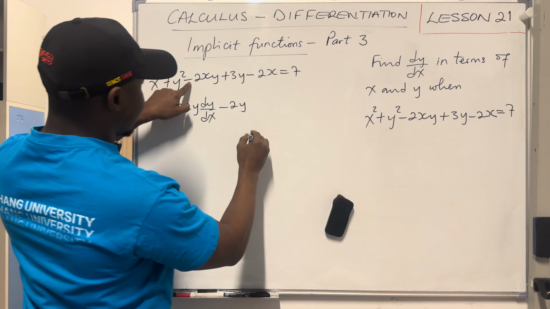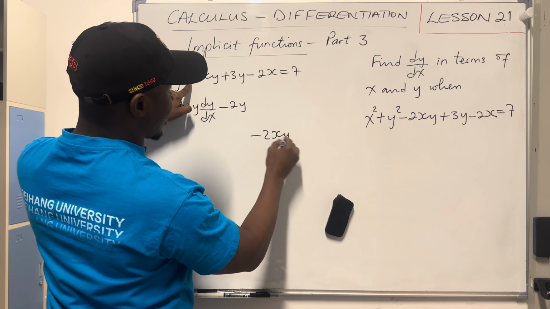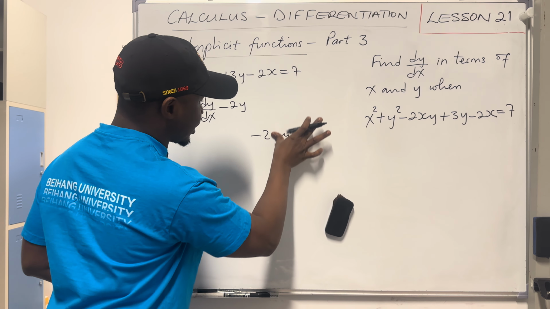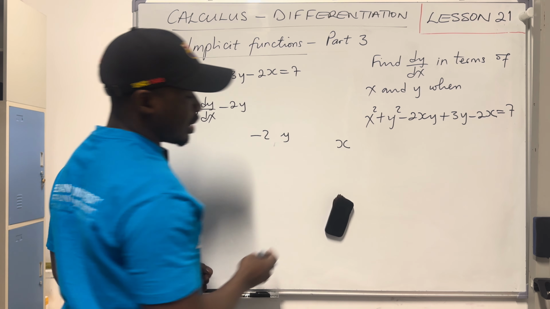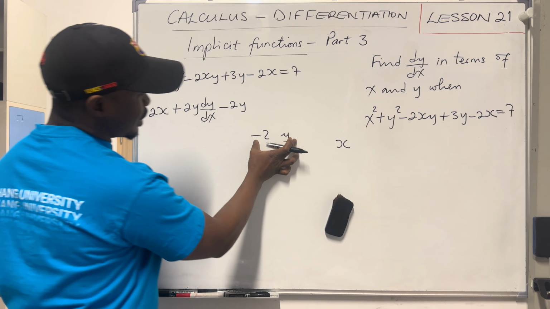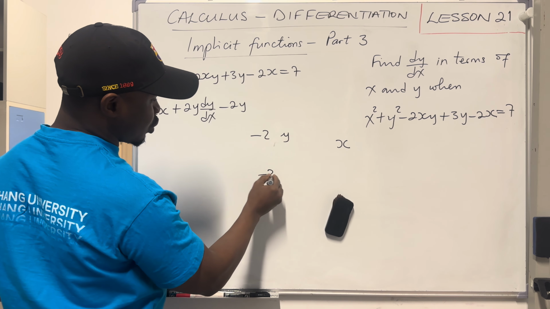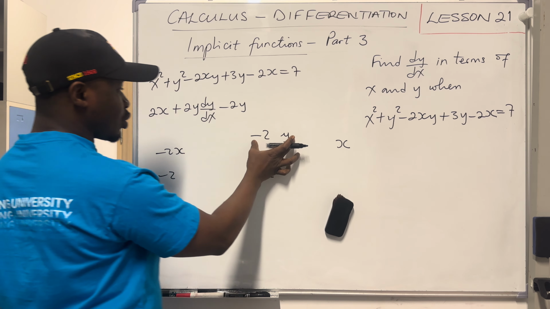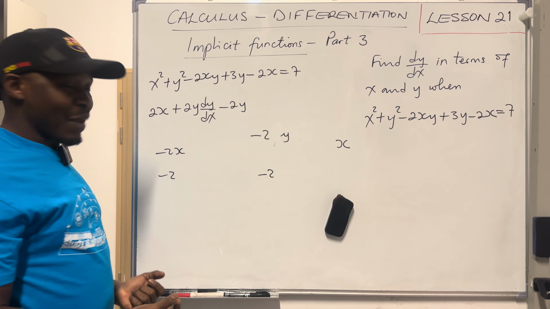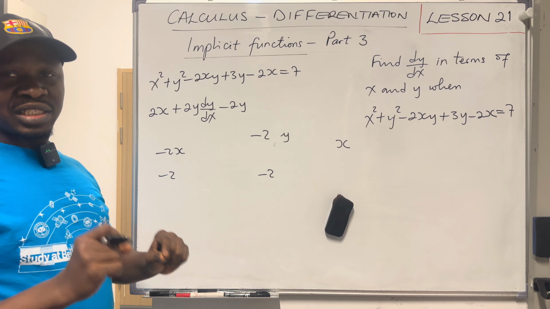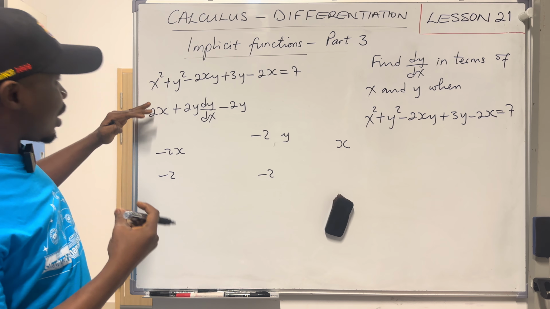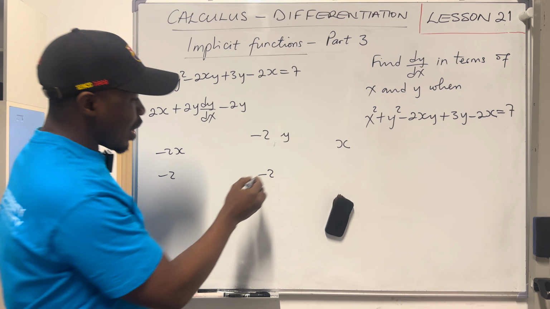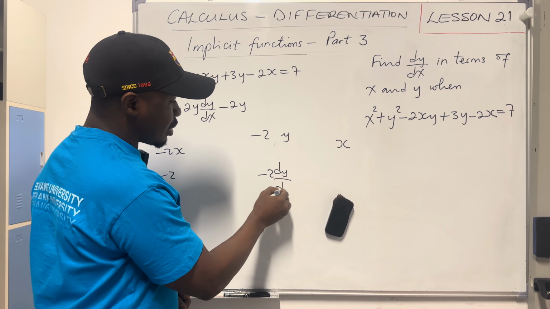Look at the same term, minus 2xy. We want to differentiate y. Let us keep x. If we differentiate minus 2y, we get minus 2, just like minus 2x gives minus 2. The only difference is once you've acknowledged the function is implicit, whenever you differentiate y, you attach dy dx.